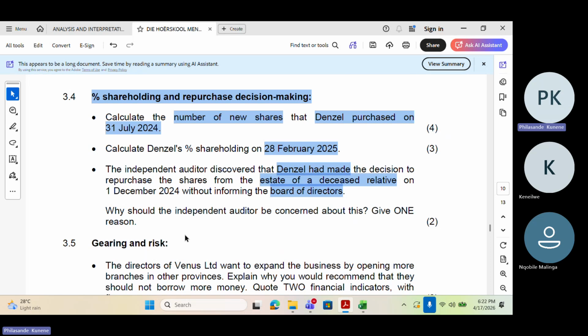When we were doing directors and the audit reports and all of that, we did speak about something like that, having inside information that you're using, and others don't have, they're not aware of that information. And when you're using that information for your own benefit, it's not the right thing to do. The independent auditors here may be concerned about that. So we need to explain why they should be concerned about that. 2 marks. Anything that you can say to me is going to give us 2 marks.